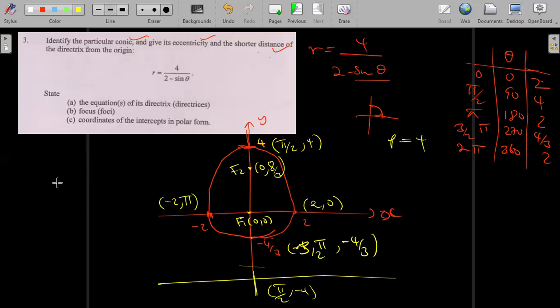So we found that our p, our distance, was 4. But then we know that if it's in the y like this, from the other focus, which we found first we had 0, 0, then the focus was 0, 0.83.